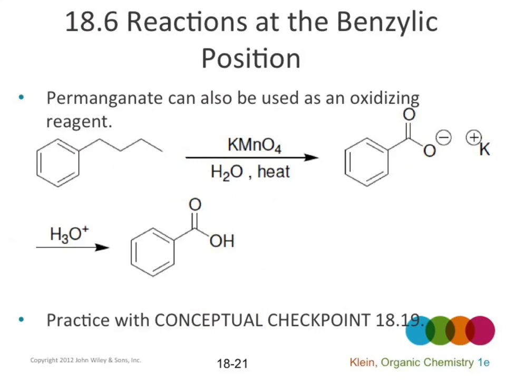If we did it hot and vigorous with concentrated acids, we could end up splitting the alkene open into the carbonyls, and potentially the acids as well. Similarly, that benzylic position will react in the presence of permanganate and fully oxidize to the carboxylic acid. Okay, so just be aware that that is now added to your repertoire of chemicals.